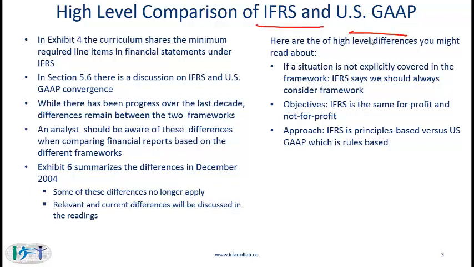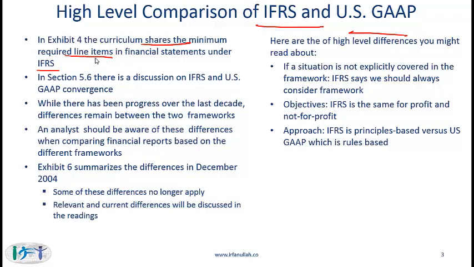The remarks here are from one of the readings in the first study session. So there is a reading on the various standards, and there is a segment in there that deals with IFRS versus US GAAP. There again, most of that reading on standards focuses on IFRS. It gives an exhibit which gives you the minimum requirements under IFRS.